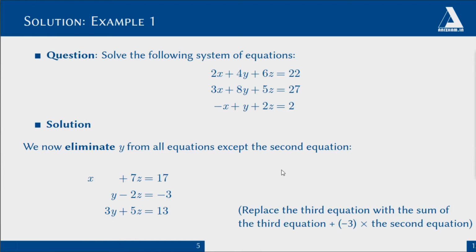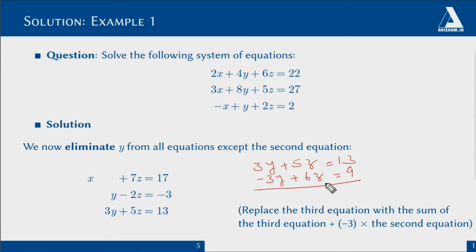The third equation is 3y plus 5z equal to 13, and we have to replace it with the sum of this third equation and minus 3 times the second equation. So the minus 3 times the second equation will be minus 3y plus 6z equal to minus 3 into 3, minus 3 into minus 3, that is 9.